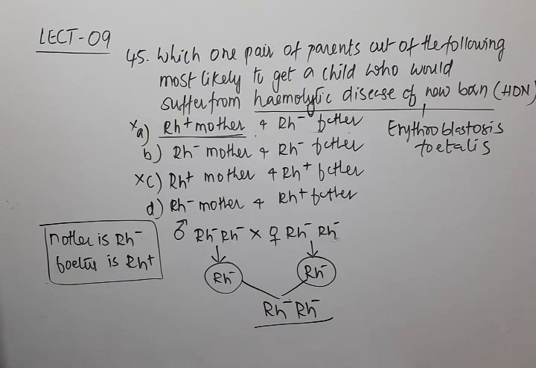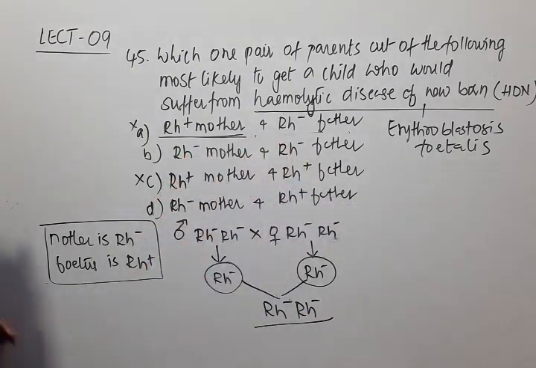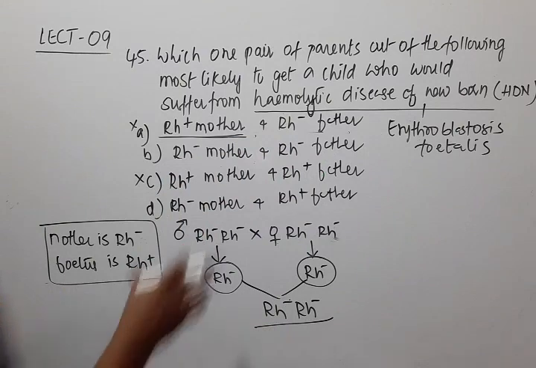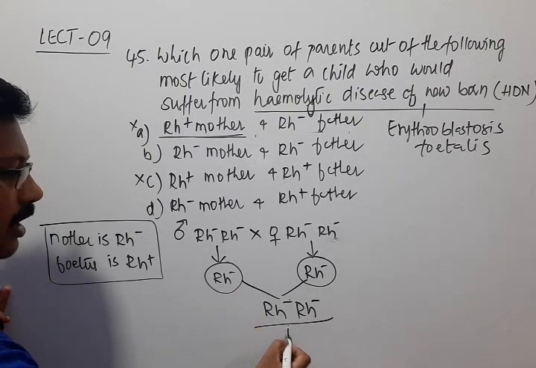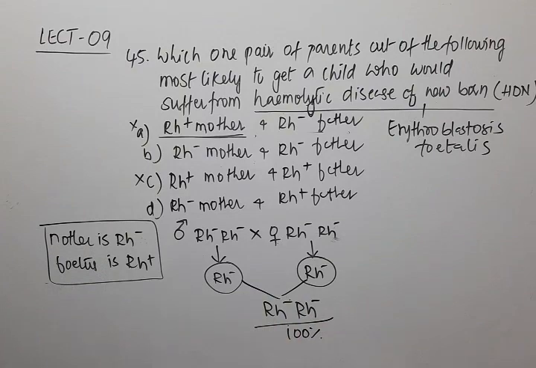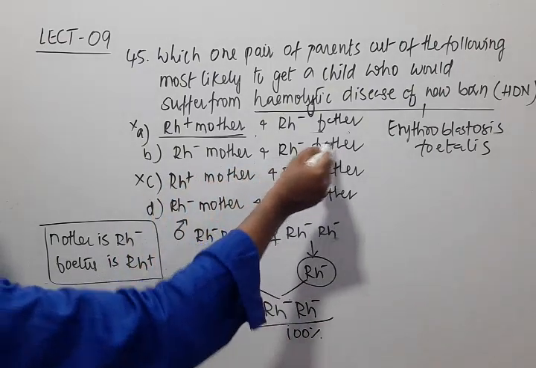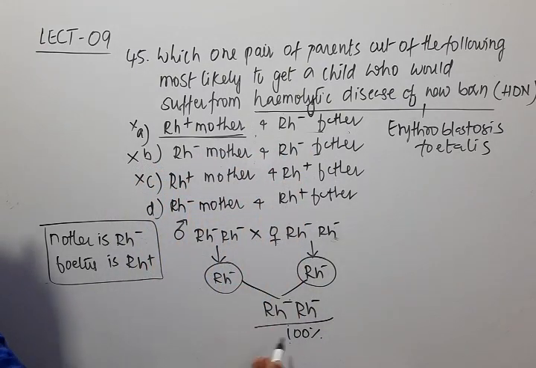It means that when an Rh negative woman marries an Rh negative man, then their children will be 100% Rh negative. So hence you need to eliminate even this option. In this case there is no chance that their children will be positive.